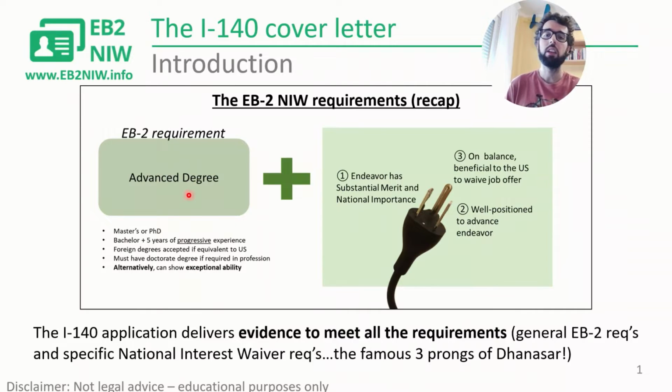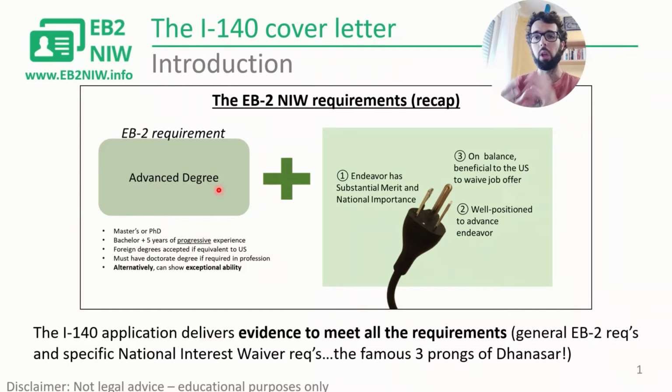Alternatively, if you don't have an advanced degree, you can still show that you have what is called exceptional ability, and USCIS has criteria to define that, so you can go on their website and check what those criteria are. If you complete that, then you're done with the EB2 general requirement.